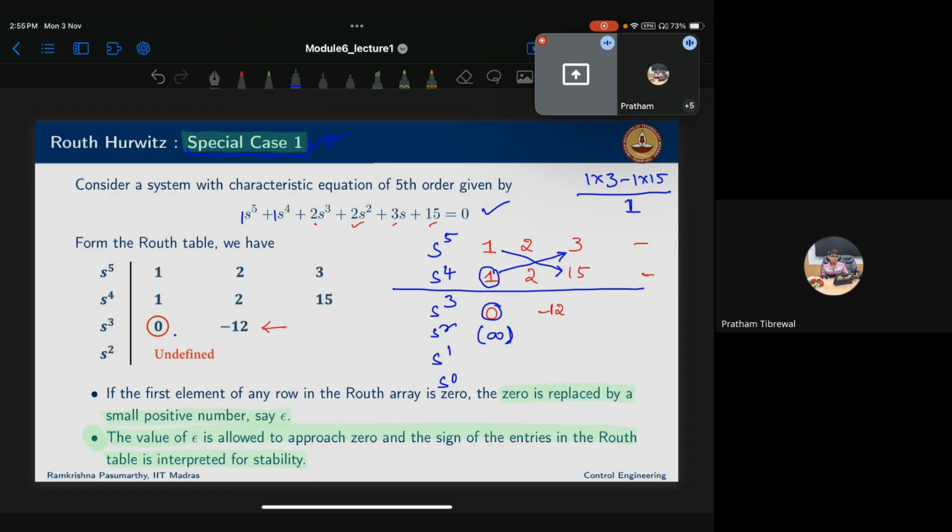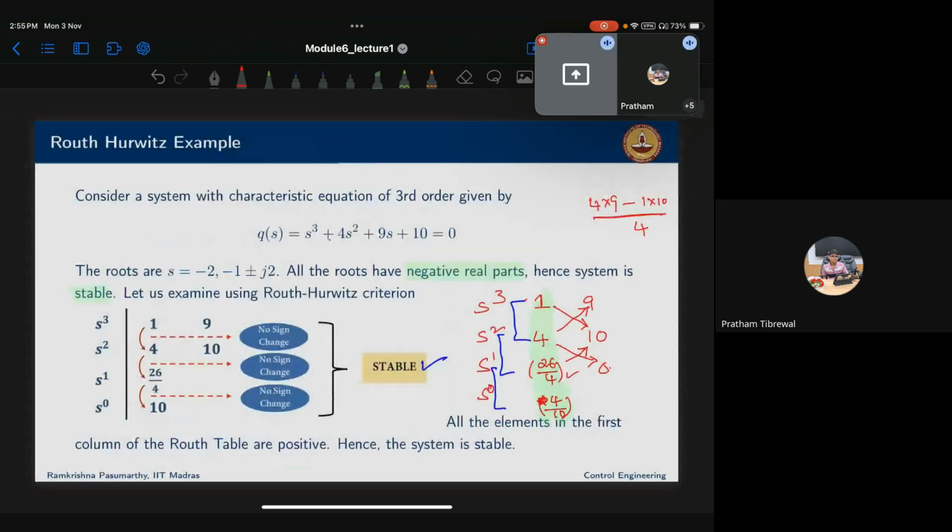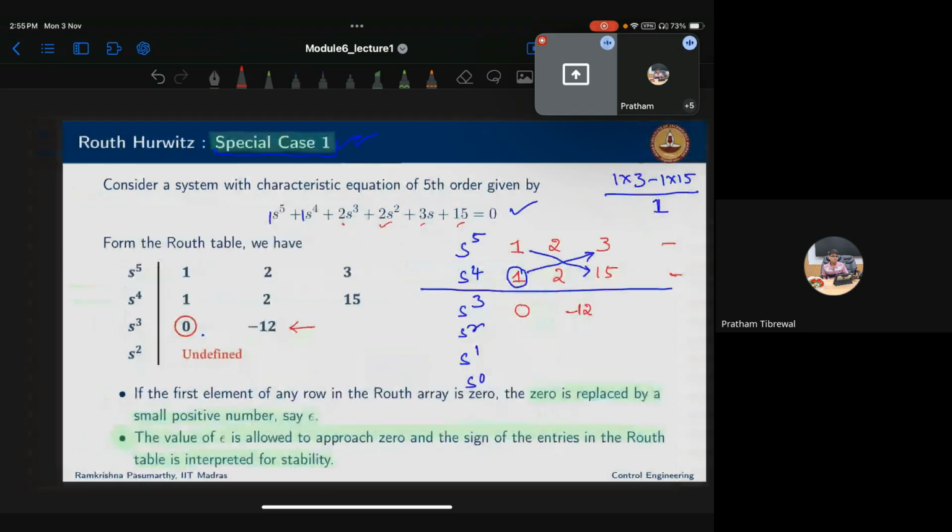If we don't get 0 here, we can continue our calculations. Like here, we did not get 0 anywhere, so we continue the calculations and check the column for the sign changes. If we get 0, this term will become infinity or negative infinity.